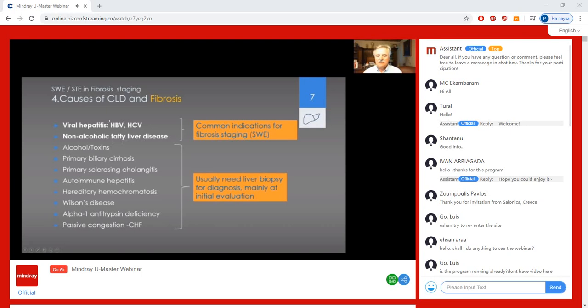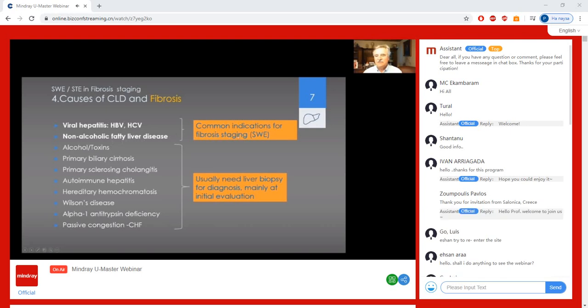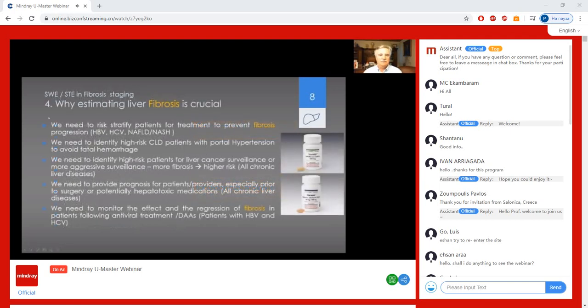In those, in hepatology, fibrosis staging based on shear wave elastography alone is enough. Practically all those patients are going to avoid liver biopsy. In those more rare entities, we usually need liver biopsy, but only as an initial evaluation.